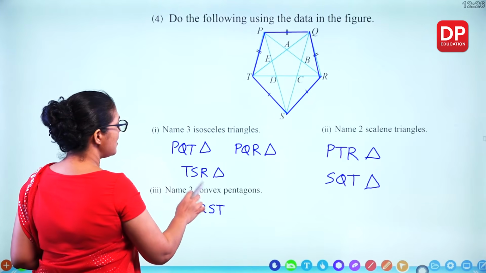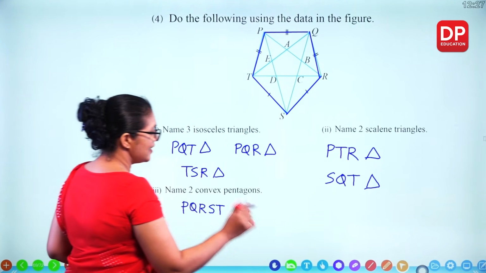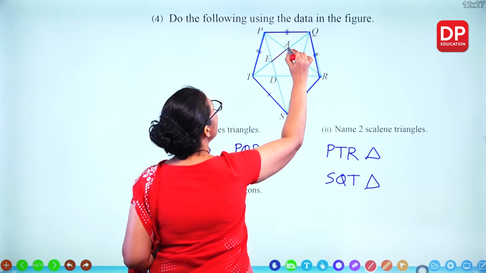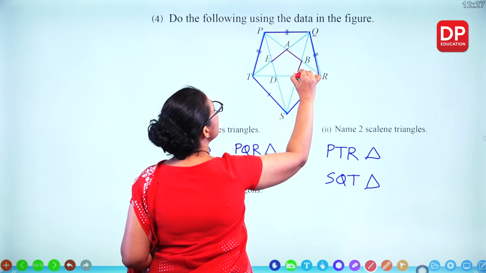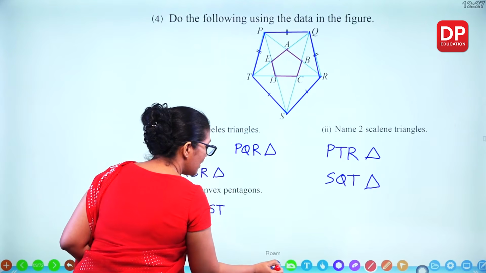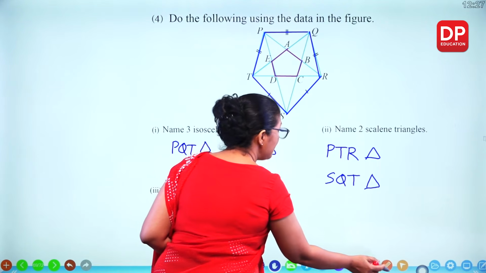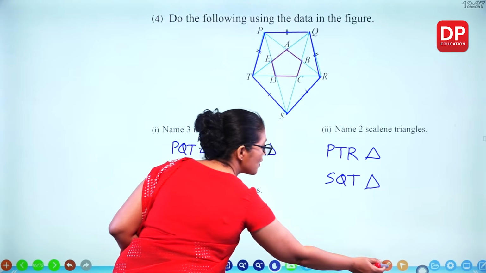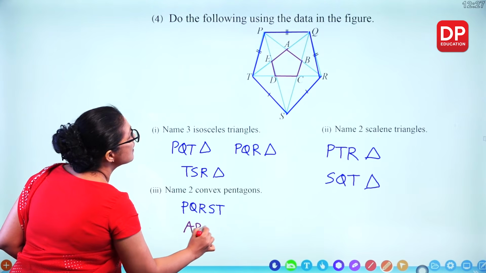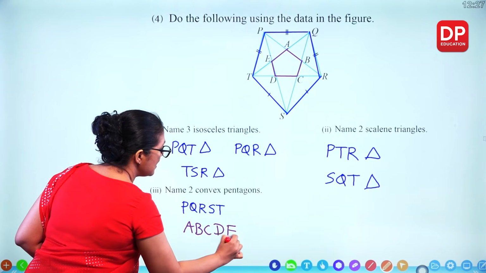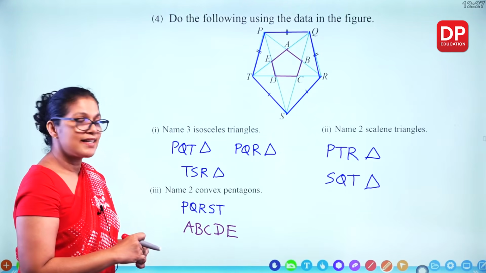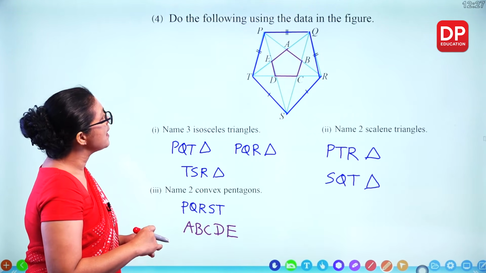Now we need another one convex pentagon. Can you see that? 1, 2, 3, 4, 5. I can write that pentagon. What's that? ABCDE is another 5-sided pentagon. So no reflex angle. So that's a convex pentagon.